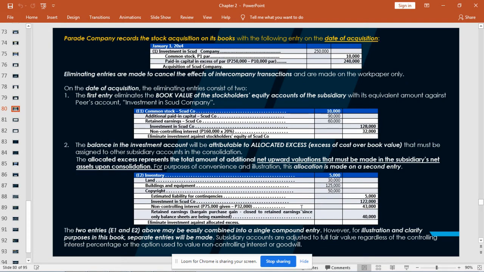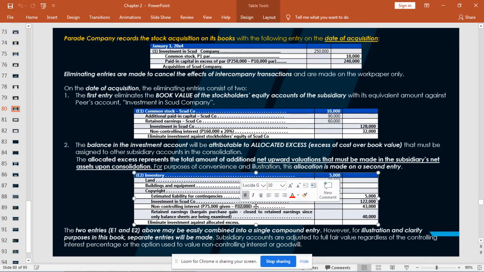So, sa ating non-controlling interest, sabi dito, non-controlling interest, yung 75,000 na fair value less the 32,000, which is the book value. Okay? Yung book value niya. Right? Nagagets nyo?